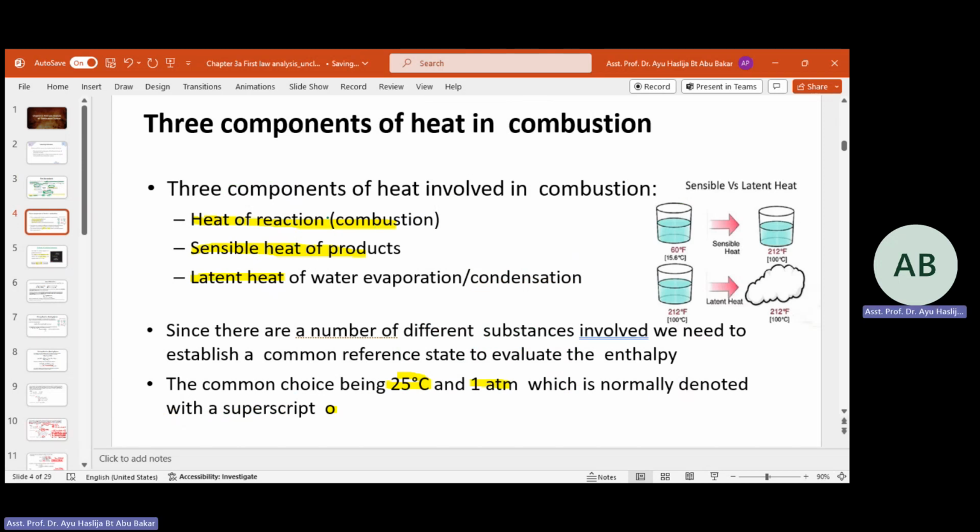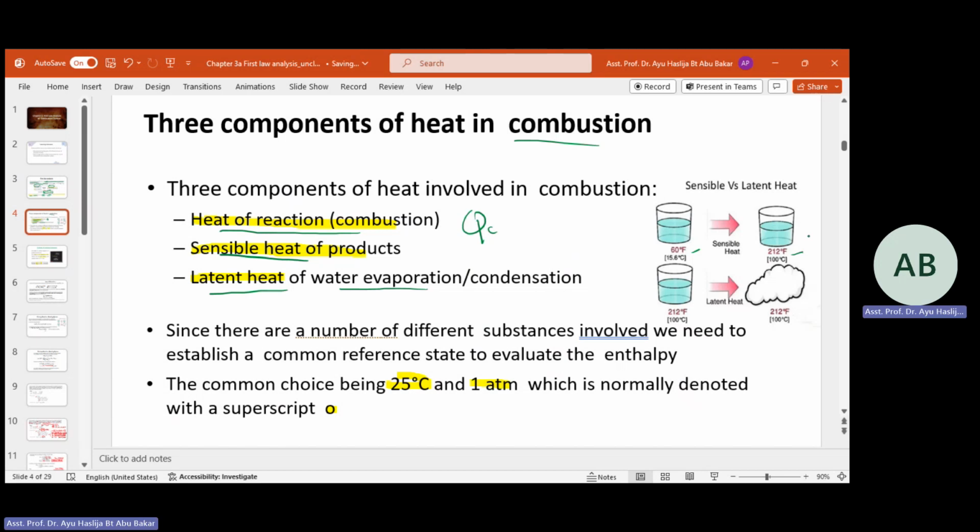Now there are three components of heat in combustion. We have heat of reaction, heat of combustion, sensible heat of the products, and latent heat of water evaporation. Sensible heat, the difference is, as shown here, sensible heat is when the component is being heated, temperature changes, but the phase doesn't change.